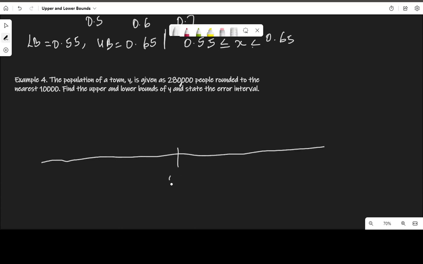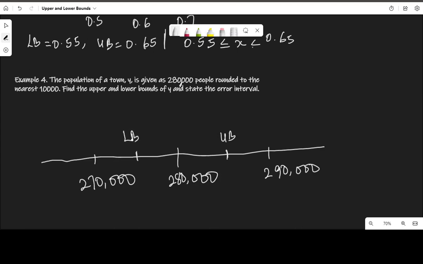The population is 280,000 to the nearest 1,000. After 280,000, the next number should be 290,000, since it's to the nearest 1,000. The next one before that is 270,000. So in between, this is the upper bound and this is the lower bound.